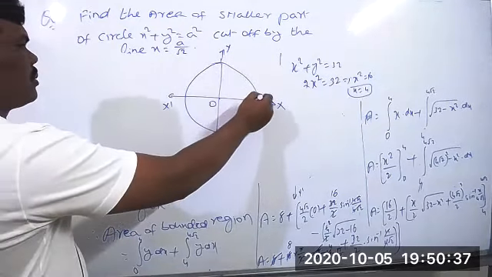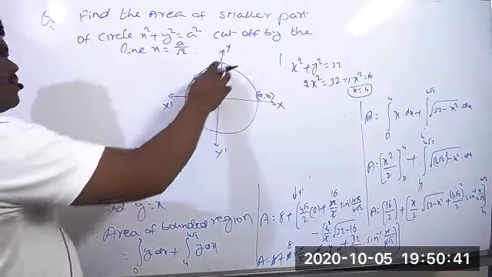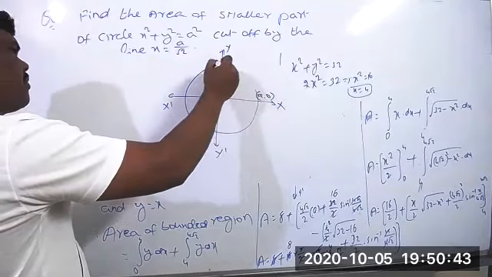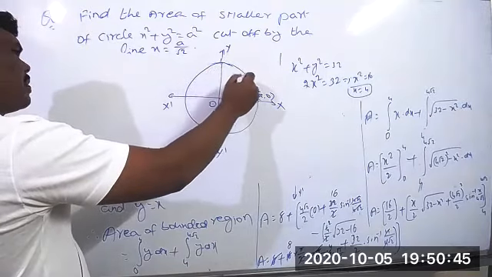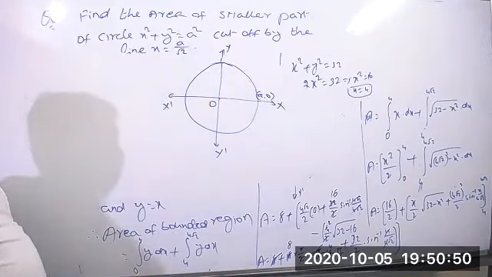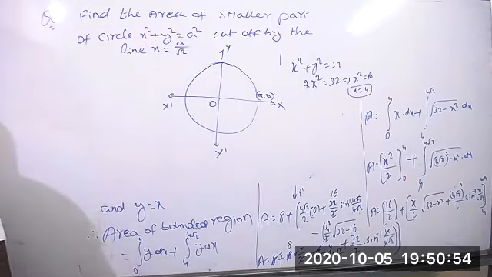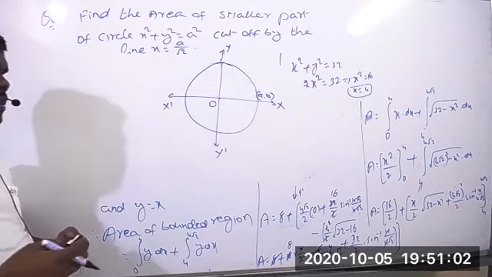The radius is a, comma 0. And the problem itself is asking, find the area of the bounded region, that is the area of the smaller part. Maybe after drawing the line, we have to find the smaller part.